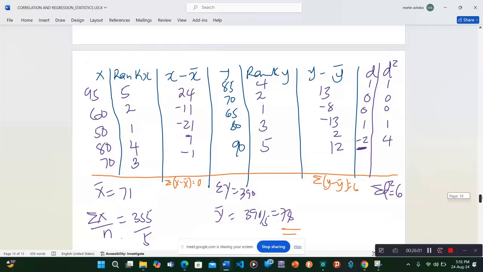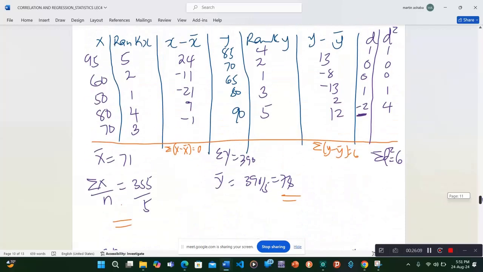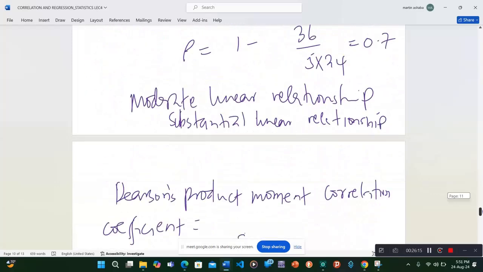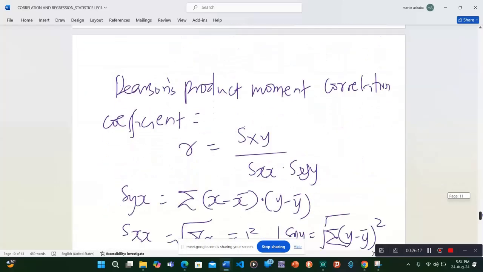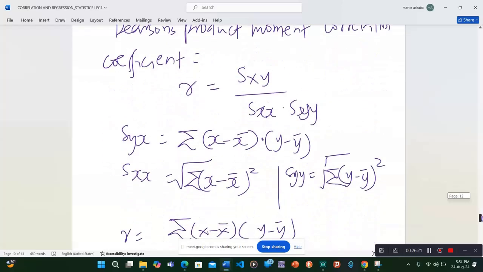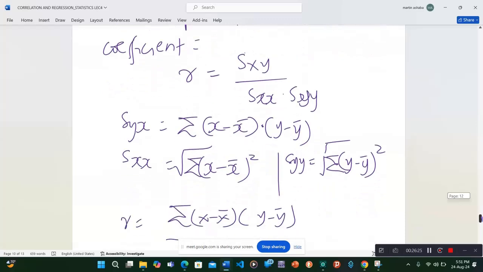Then you also don't need the d and the d squared. So I did this because I wanted to do one table and then give an answer for the different parameters for measuring the strength between the two variables or between the two performances.